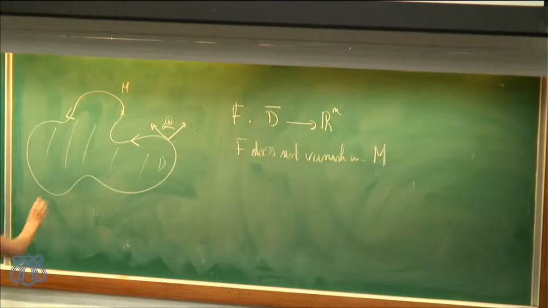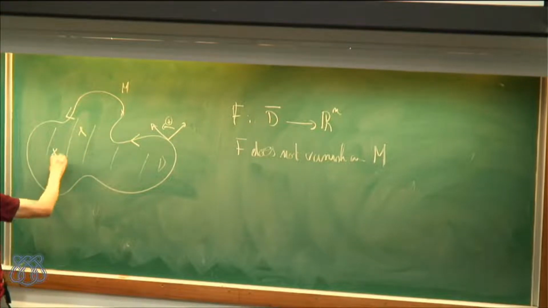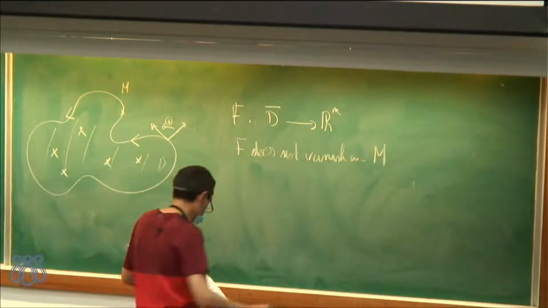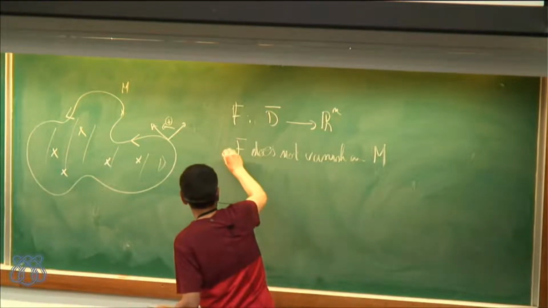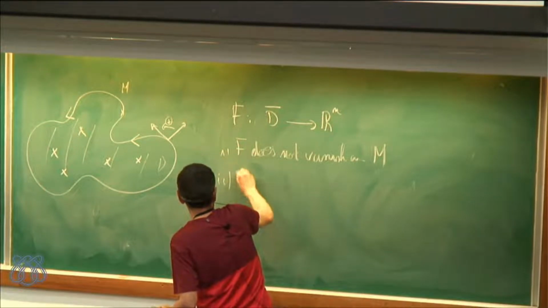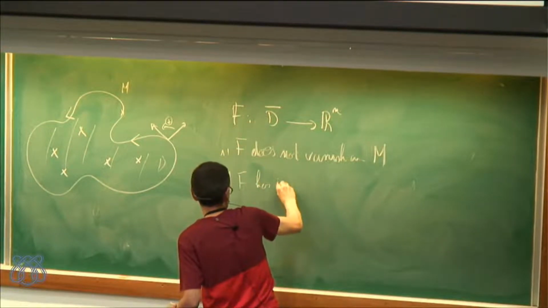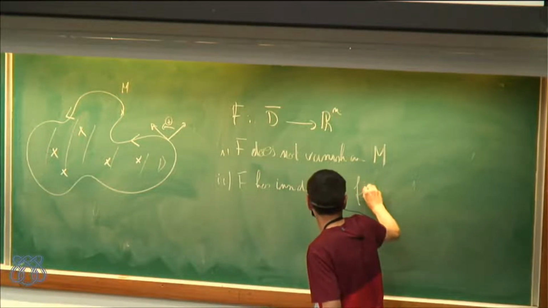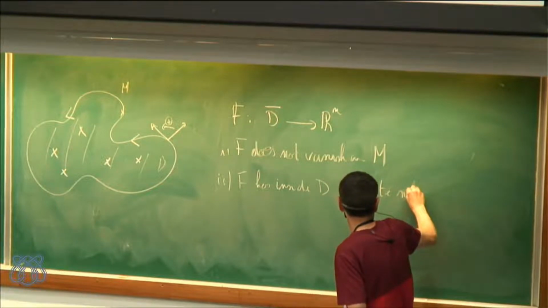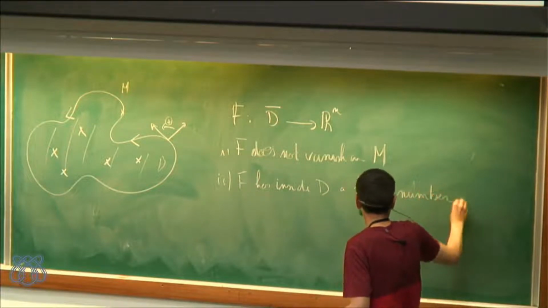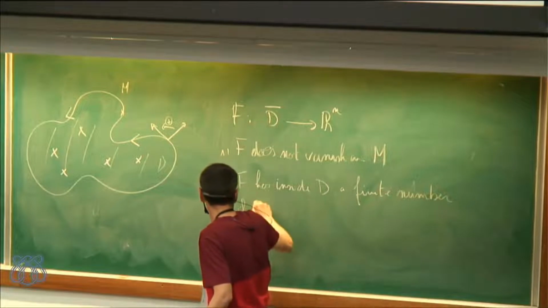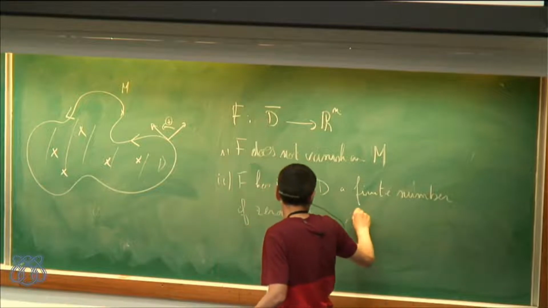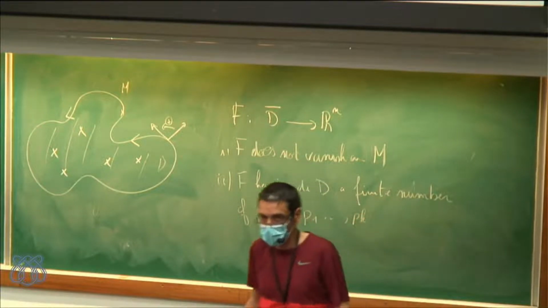So here I have the zeros of F, a finite number, that I will call P1 to Pk. And I assume that they are non-degenerate.